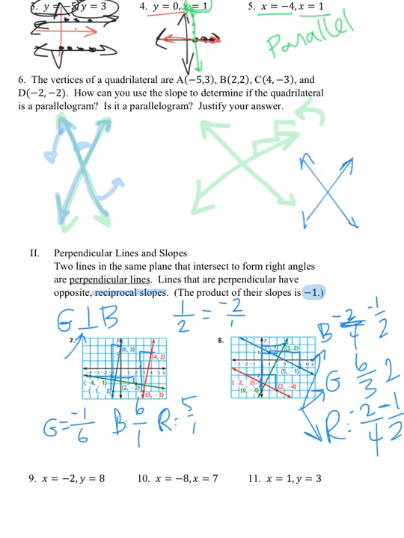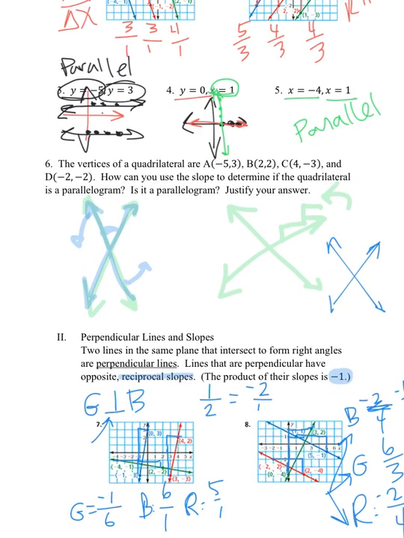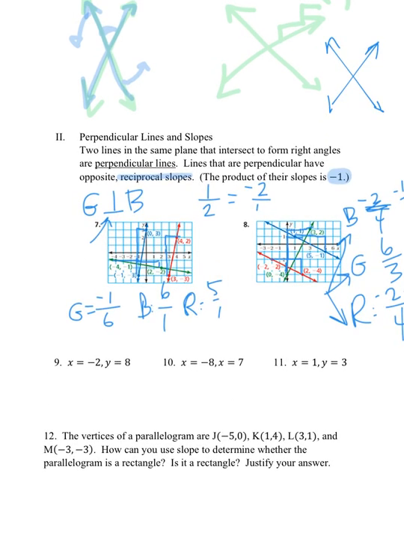So now if we look down here at the equations and think about what we just learned up here with vertical versus horizontal: if you have equations like x equals -8 and x equals 7, those are parallel lines, so they are not perpendicular. In number 10, these are two vertical lines.